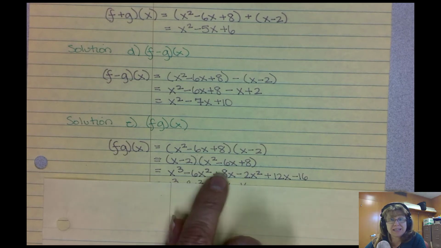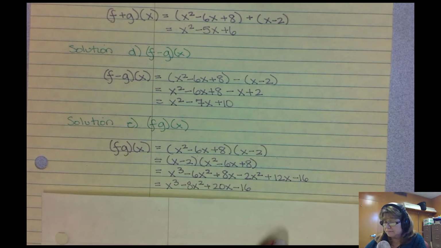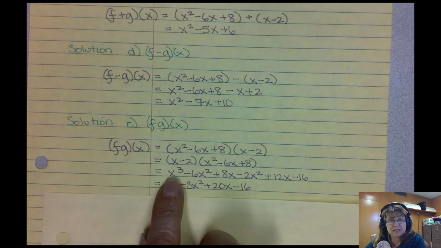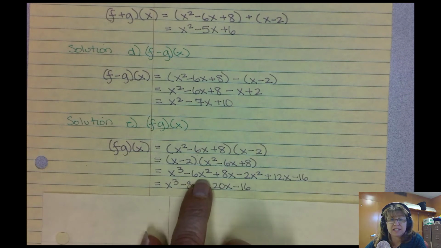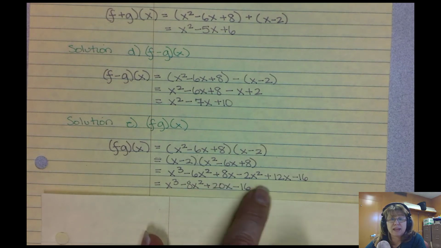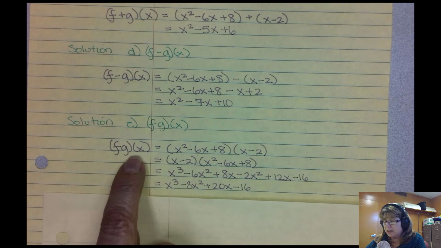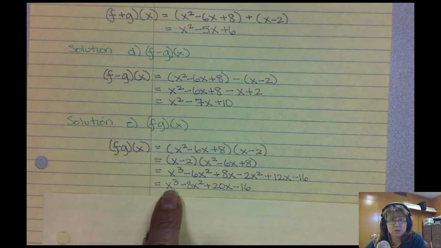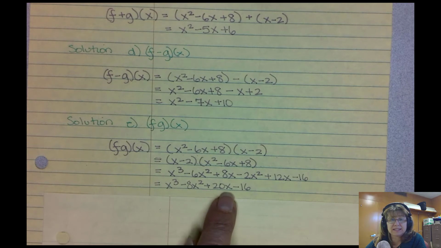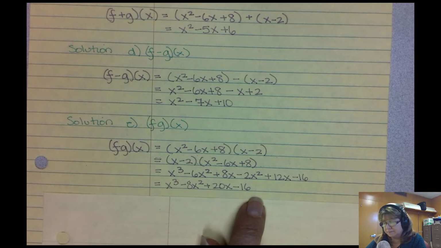We're going to combine any like terms that we can. X cubed, nothing else to combine. I do have the negative 6x squared and the negative 2x squared, making it negative 8x squared. I have an 8x and a 12x for 20x, and negative 16, I have nothing else to combine. So fg of x will be x cubed minus 8x squared plus 20x minus 16.